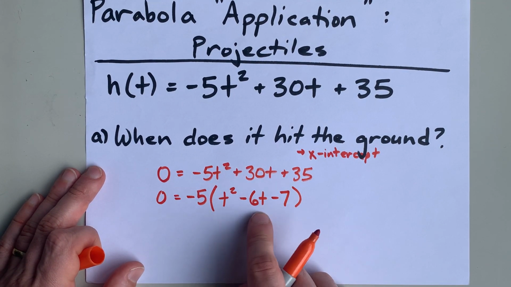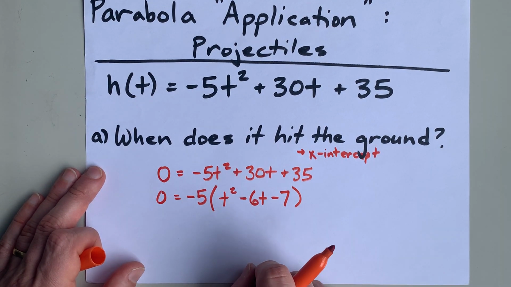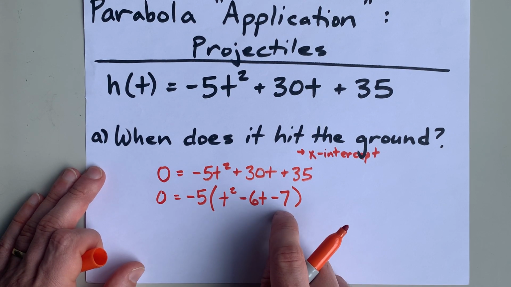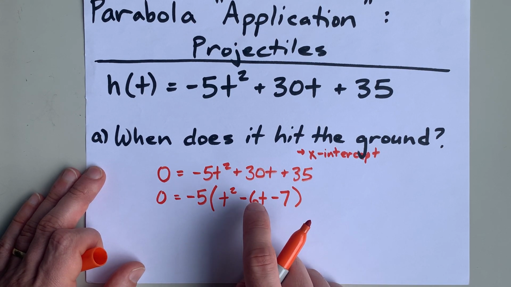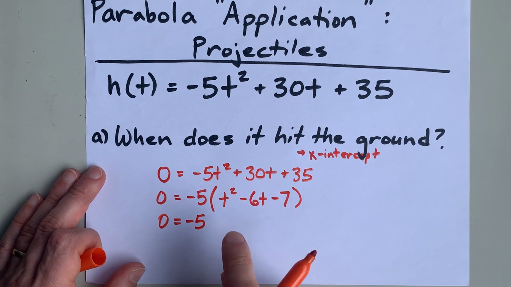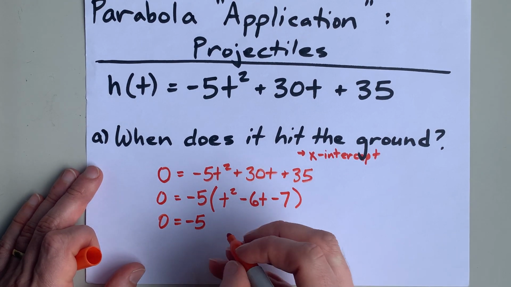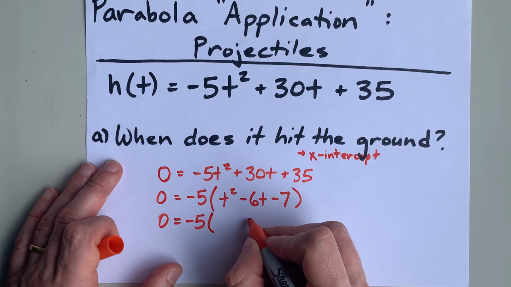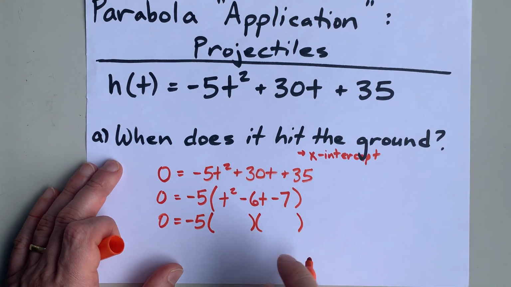Now, this can be factored further if you can find two numbers that multiply to negative 7 and add to negative 6. I can, and because there's no number in front of this t squared, it means I can toss the numbers that I find straight into brackets with t's.